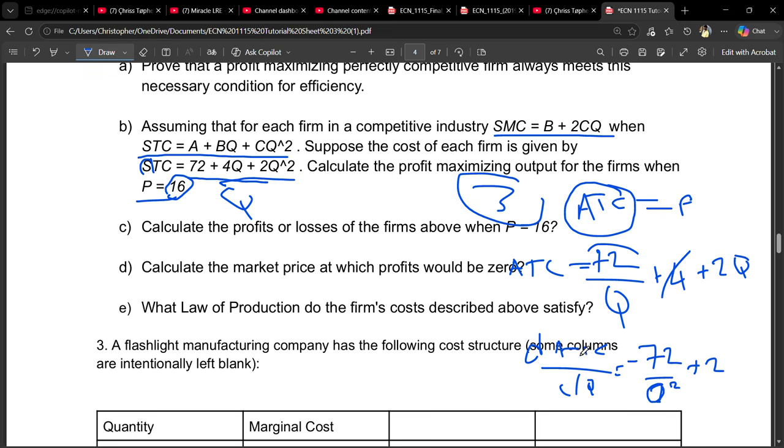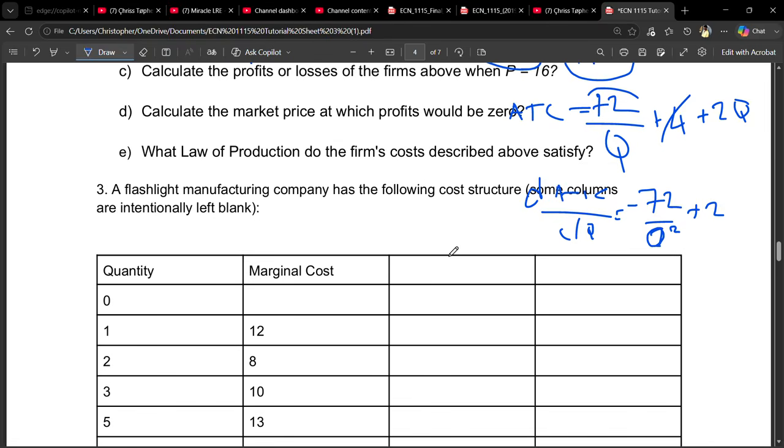Okay, so you equate this part equal to 0, then you will get your 2 on the other side. I don't know if you can see on this part, but let me try to write here. So we said you differentiate, we put this part to be 0, then you say negative 72 over quantity squared and plus 2.